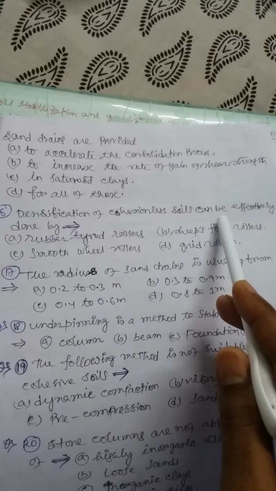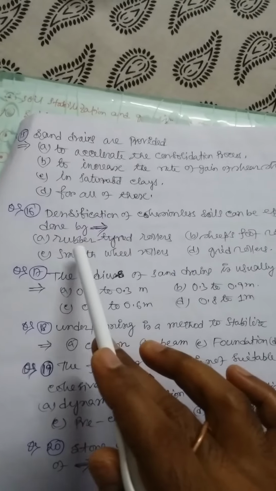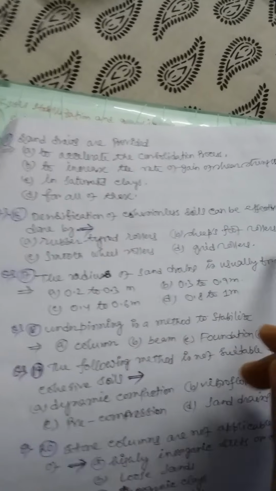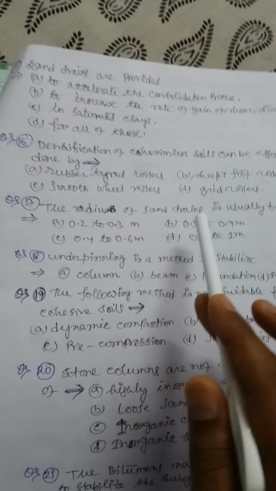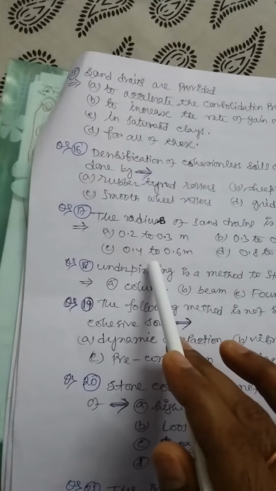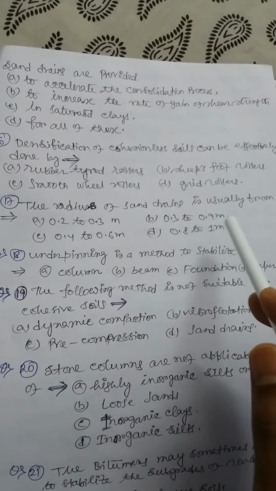Densification of cohesionless soil can be effectively done by: rubber tire roller, sheepsfoot roller, smooth wheel roller, grid roller. Number 17. The radius of sand drain is usually from 0.2 to 0.3 meter, 0.3 to 0.9 meter, 0.4 to 0.6 meter, 0.8 to 1 meter.